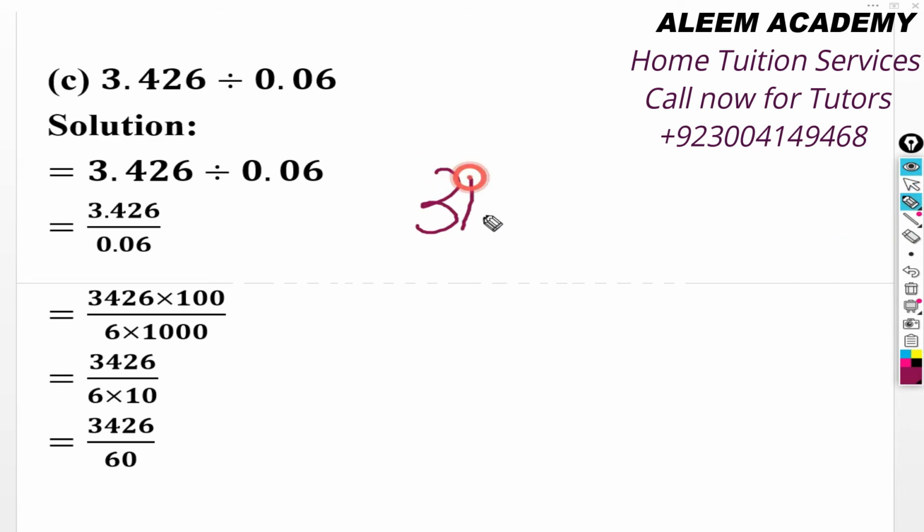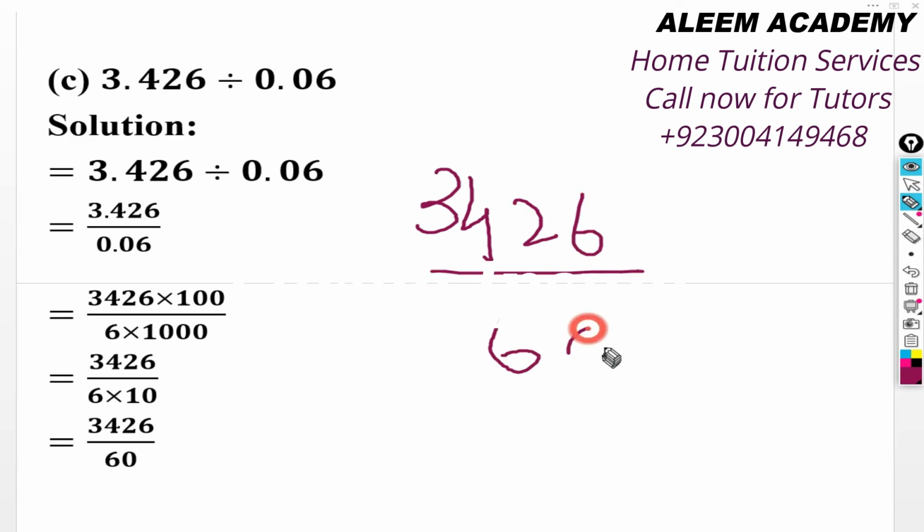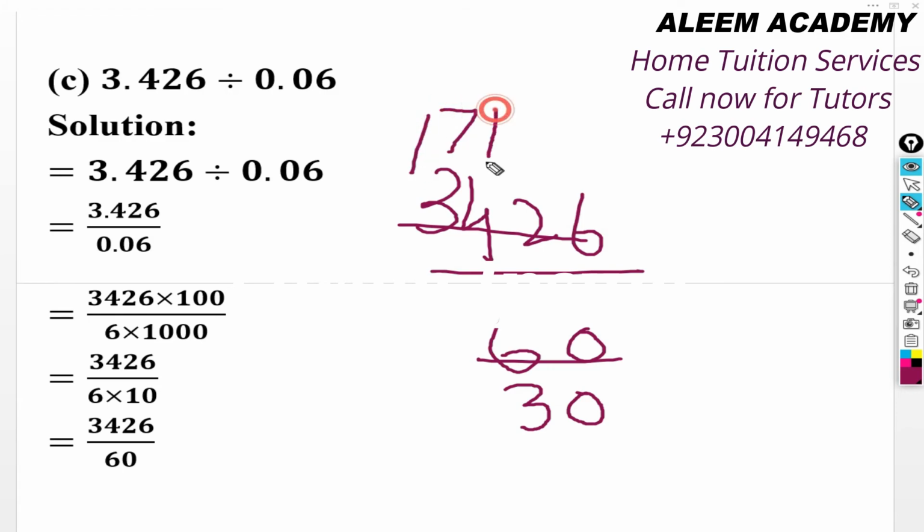3426 divided by 60. Divide on the smallest number, that is 2. 2 30s are 60, 2 1s are 2, 2 7s are 14, 2 1s are 2, 2 3s are 6. Now is it divisible on 3? 7 and 1 is 8, and 1 is 9, and 9 is 10, 11, 12.